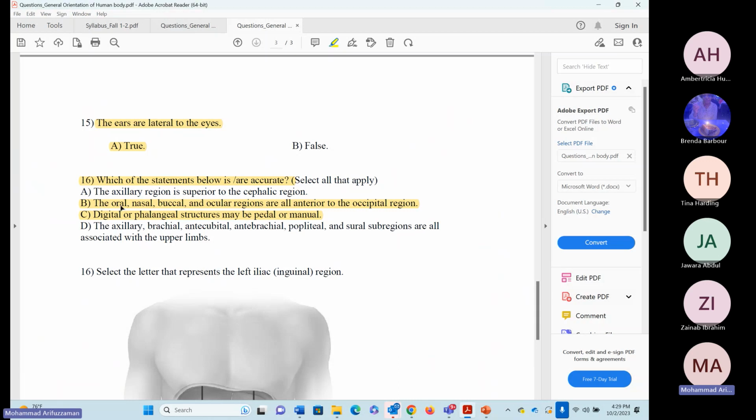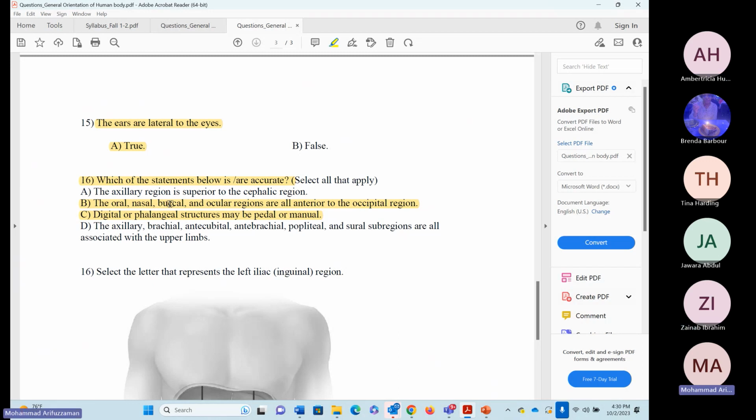Now the question: the oral, nasal, buccal, and ocular regions are anterior to the occipital region. Anterior means front. Nasal means the nose. Oral means the mouth cavity. Buccal means the cheek.